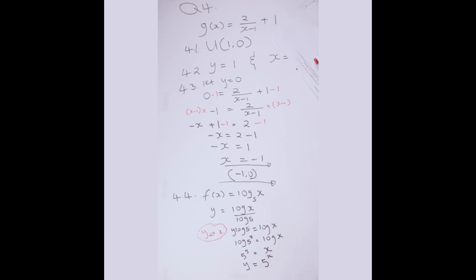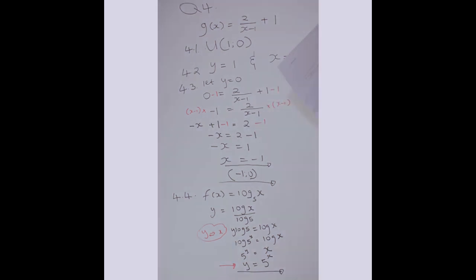Remember folks, if you have written y equals 5 to the exponent x, you will not be penalized. You will have your full 2 marks because that's what they're asking you to do. So if you have another way of figuring out how to write this, you can, and write it as y equals 5 to the exponent x, and that will give you your 2 marks. Okay, and that's it.